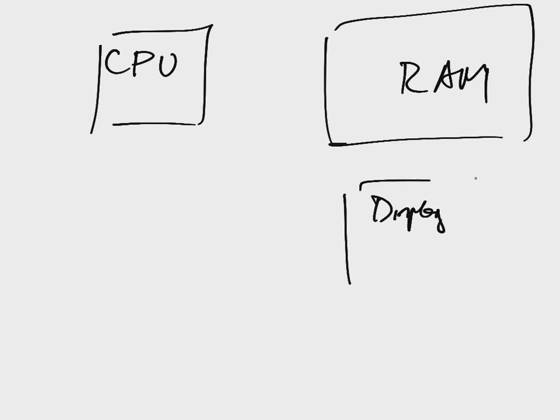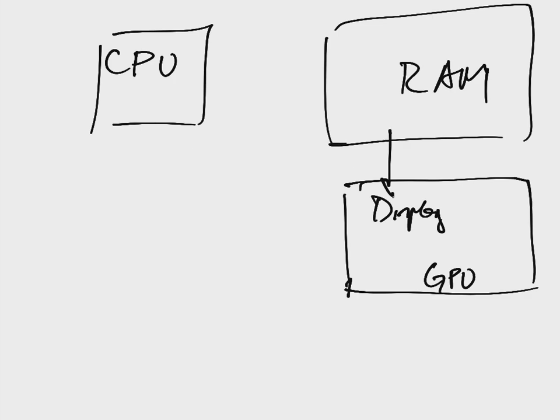For example, the display also has its graphical processing unit, which is specialized to do many things concurrently in parallel, for example, to show pixels on screen. And there are many devices which actually can read-write from random access memory directly without using the central processing unit.